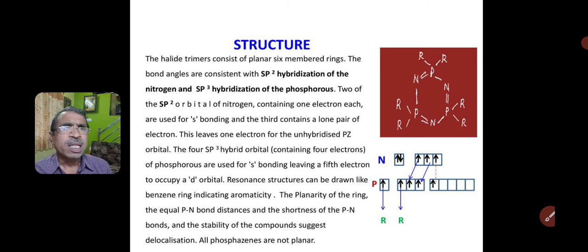As a result, the nitrogen atom undergoes sp2 hybridization and the phosphorus atom undergoes sp3 hybridization.